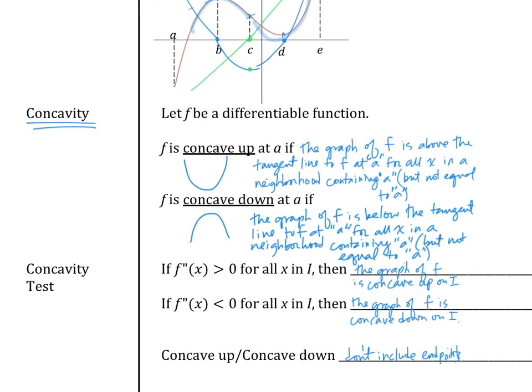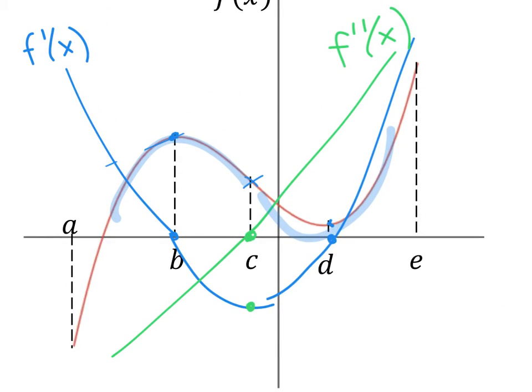Okay, on this graph, we said that the C is a very special point, right? The C makes the first derivative 0. So let's talk about these special points from yesterday. What do we call B and D in the original graph?